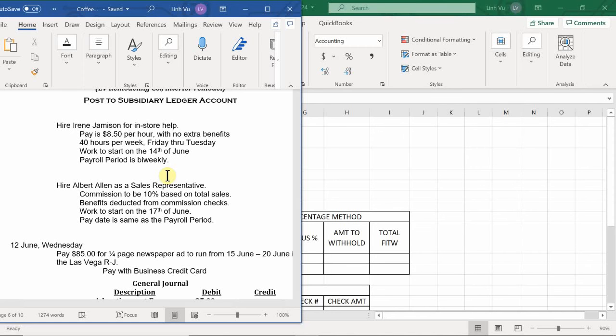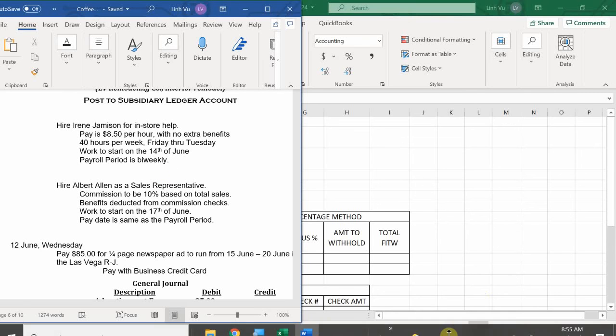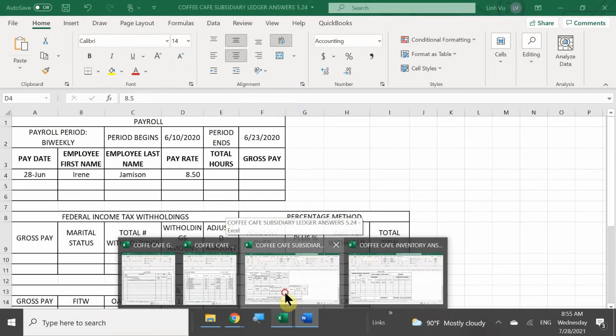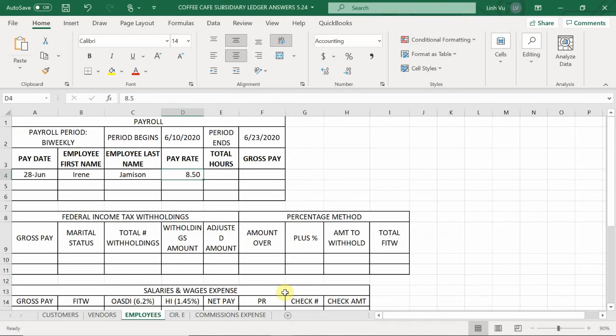So if this person is a 1099 worker, let's go back down to the subsidiary ledger. We have a spot for him. This person, Albert, does not belong on the employees list because they are an independent contractor. We don't care to be responsible to pay for their tax benefits or anything like that.